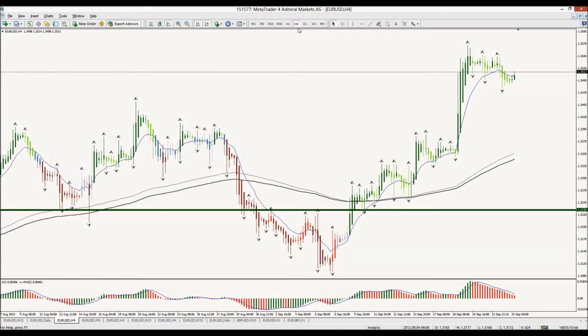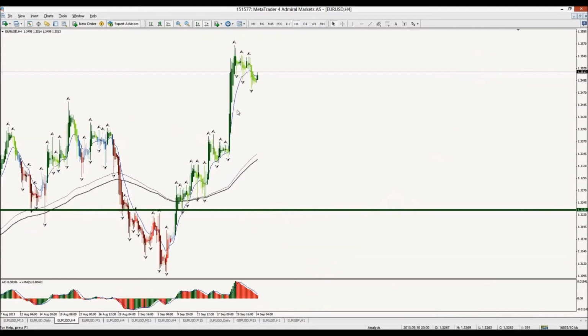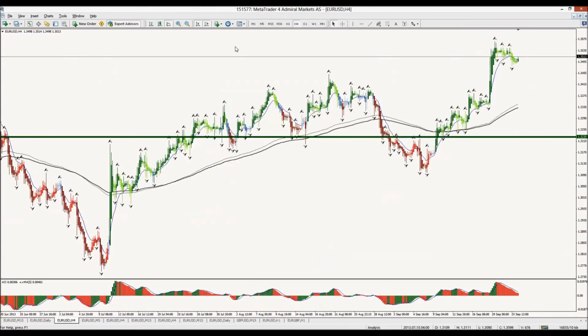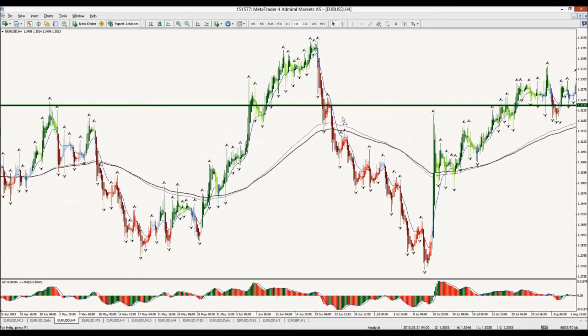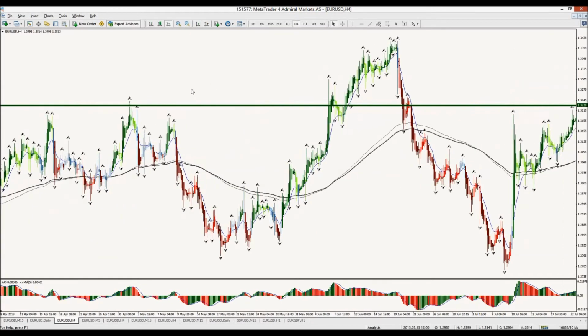So it's just easy for trend definition and seeing what the momentum of the market is. You'll have the band on here as well, so it really gives a good idea of, for example, here on the 4-hour chart, what the momentum is and what the trend direction is very clearly, especially if it's trending like this.